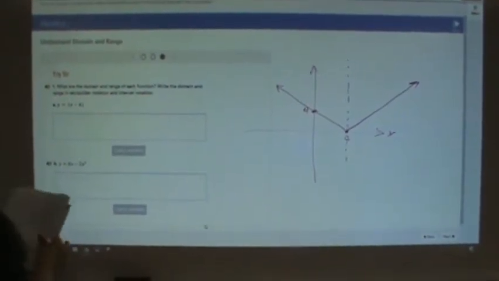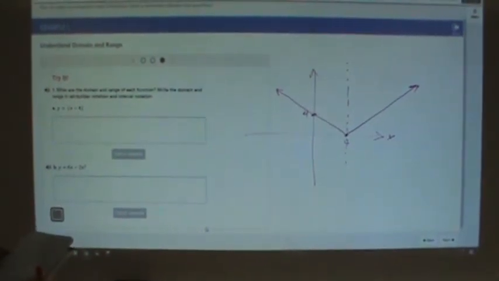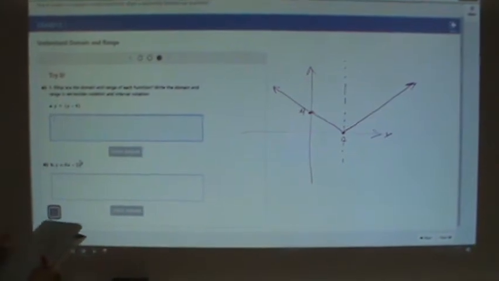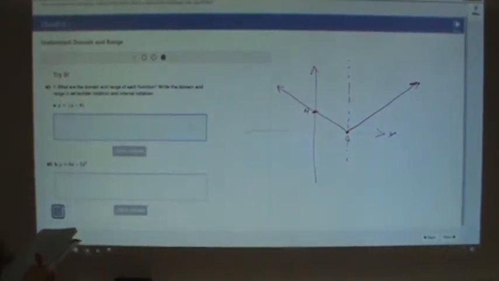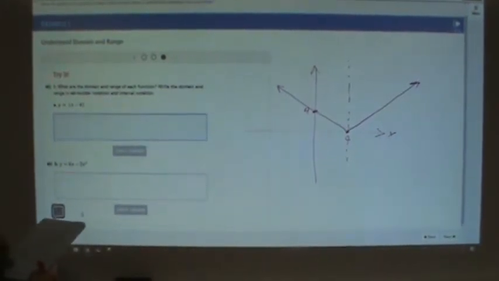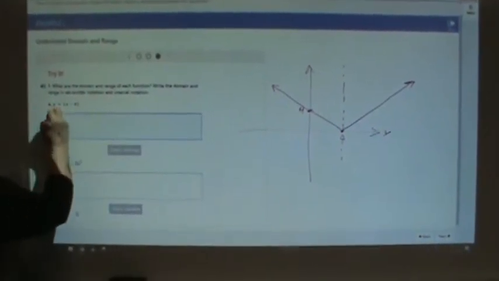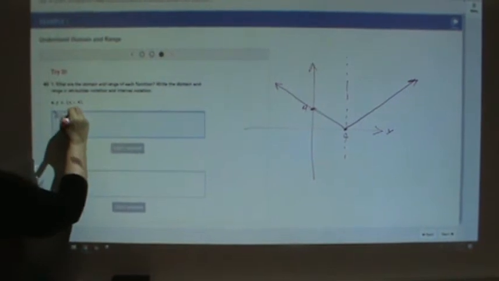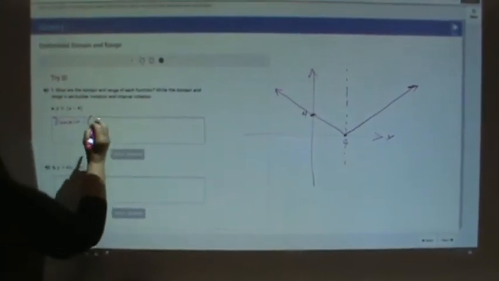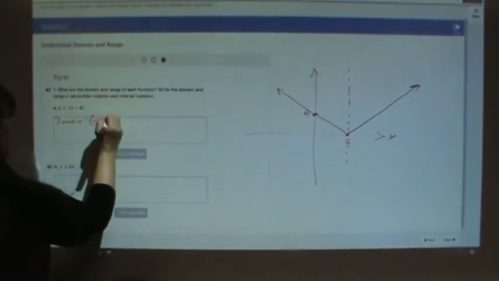So, what you would do, the domain is going to be negative infinity to infinity.